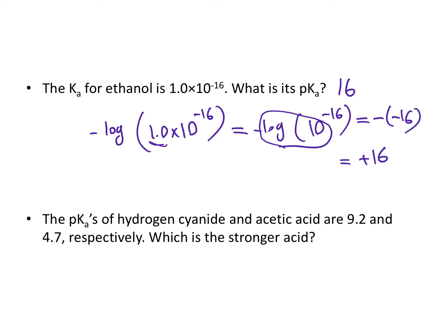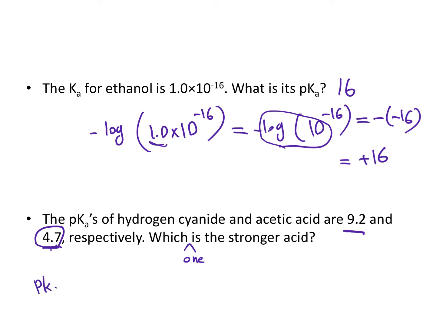Okay, so the pKa's of hydrogen cyanide and acetic acid are 9.2 and 4.7 respectively. Which one is the stronger acid? Exactly. So pKa lower means the stronger acid, right?